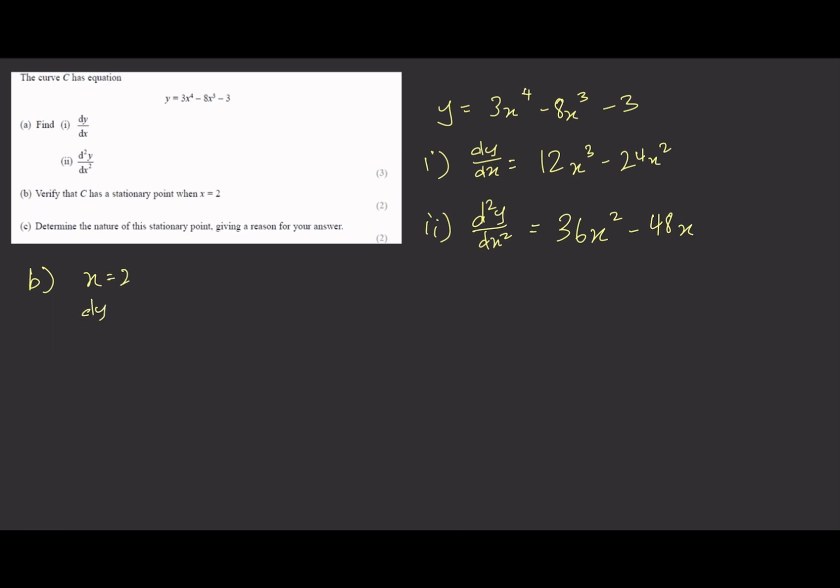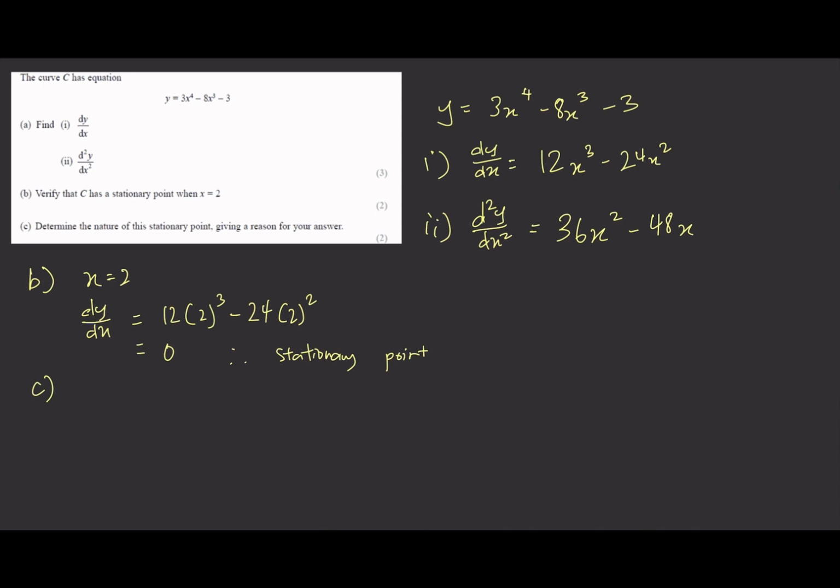Now verify that C has a stationary point when x equals 2. So we let dy/dx equal 12 times 2 cubed minus 24 times 2 squared. What do we get? We get 0. Therefore, it is a stationary point. Then determine the nature of this stationary point, giving a reason for your answer.